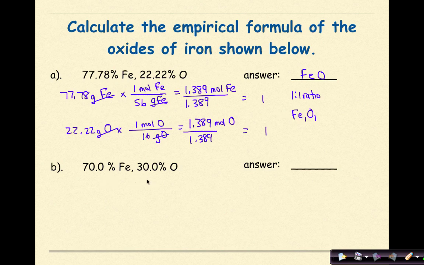Let's look at a different example. 70% Fe, 30% oxygen. Let's start out by just assuming 100 grams. So 70 grams of Fe and 30 grams of oxygen.